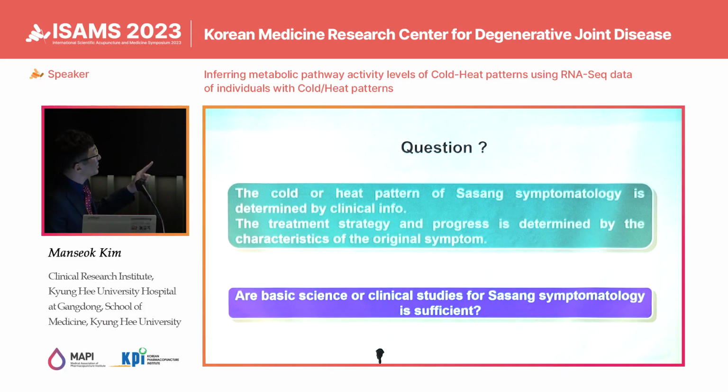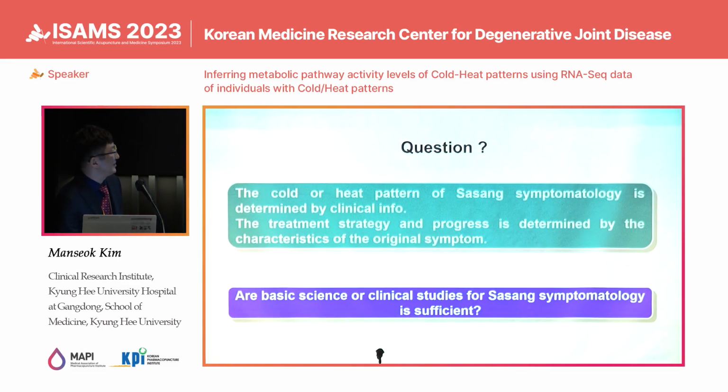So in this topic, the cold or heat pattern of 사상 symptomatology is mainly determined by clinical information, as far as I understood. And then the following treatment is determined by the characteristics of the original symptoms.